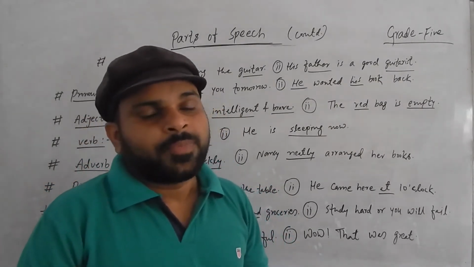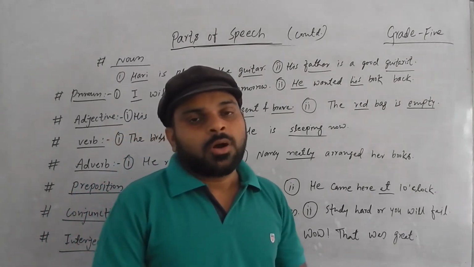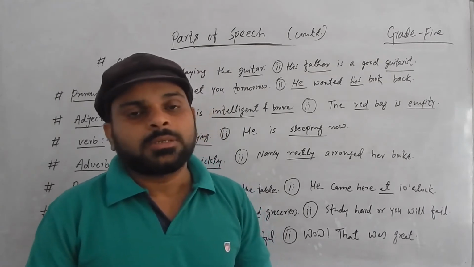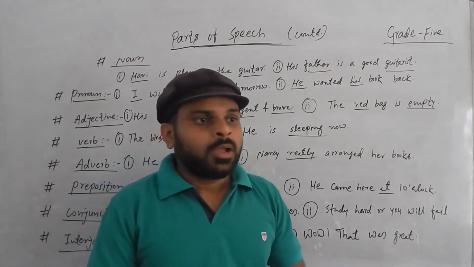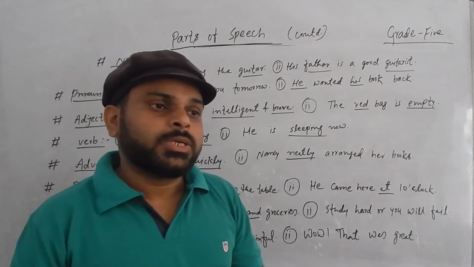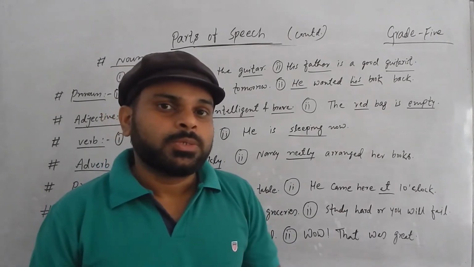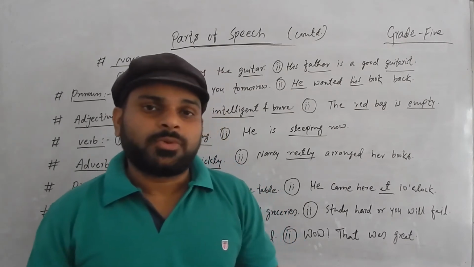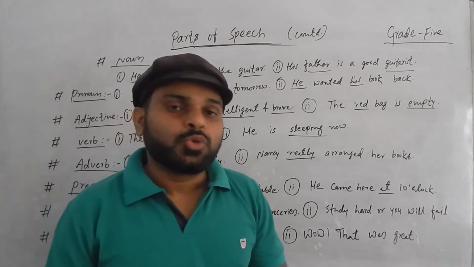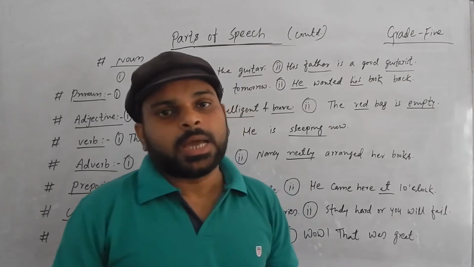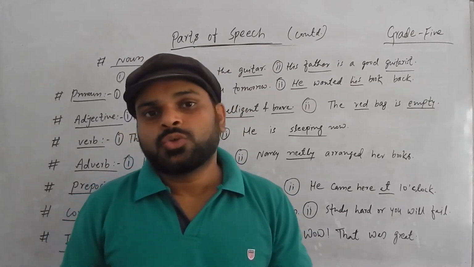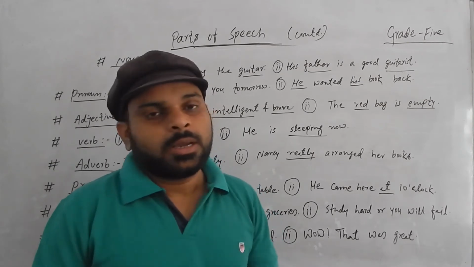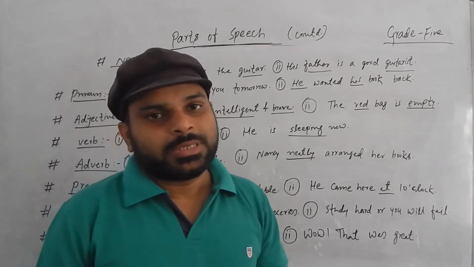We have just discussed all the parts of speech, their definitions with examples. Now there are some exercises related to the things we have just read in your book. Before doing that exercise, I want you to know something related to it.